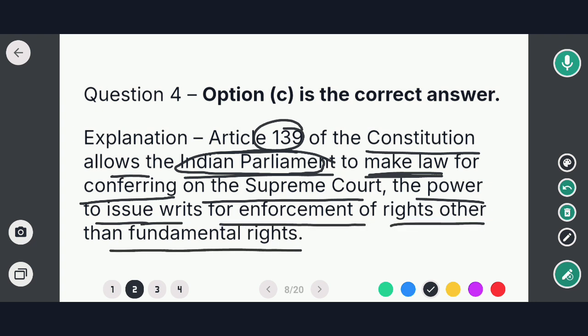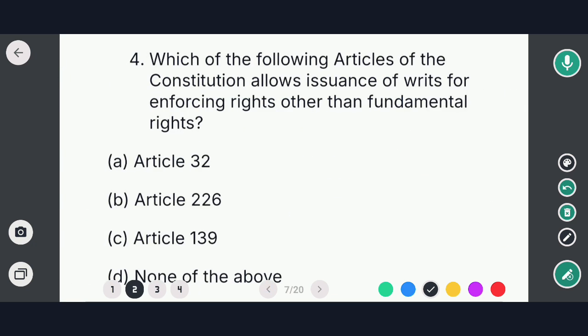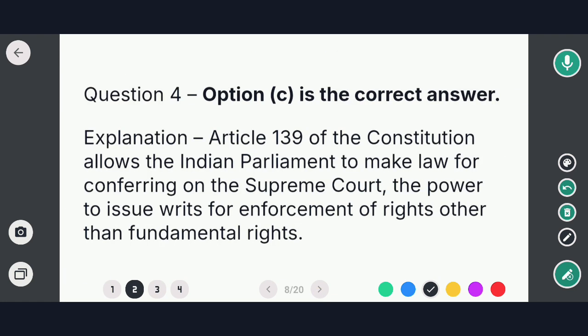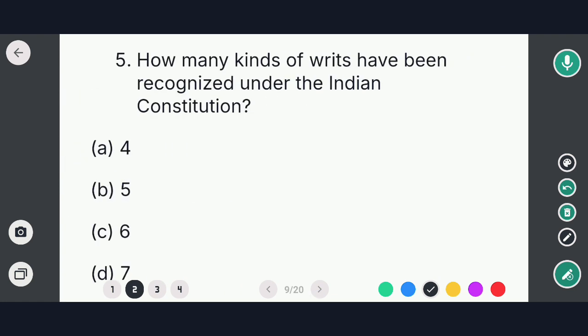That means the Indian Parliament has been given the power to make laws if there is any violation of any legal rights other than the fundamental right. So in this case option C would be the correct answer. Now move to the next question. Next question, look: how many kinds of writs have been recognized under the Indian Constitution?